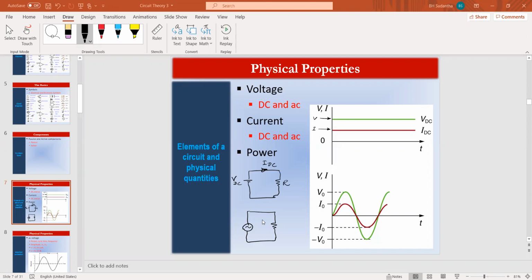Okay, then if you have the AC wave, this VAC, as a result, you may have AC current. This is the AC voltage, and this is AC current.